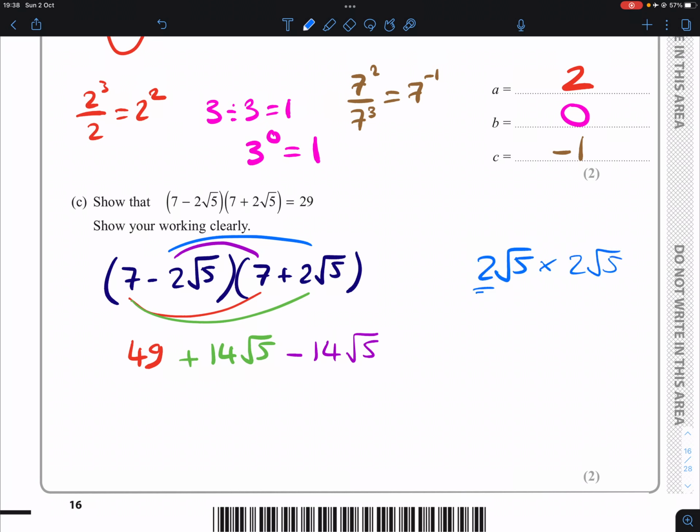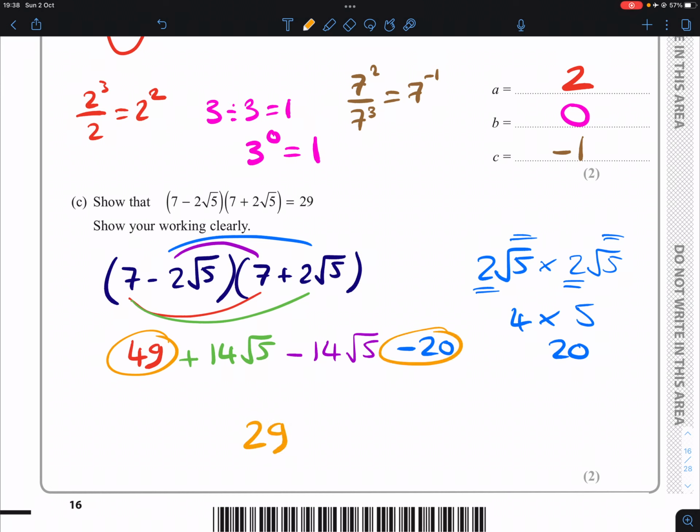And the 2 root 5's times together are going to make 5. And then those combined are going to make 20. And the fact that one of them was a negative means we end up with a minus 20 there. And then combining these, our 49 and our takeaway 20 equal 29. And our two middle terms, plus 14 root 5 minus 14 root 5, cancel each other out, giving us 29, which is what we wanted, which means we are done.